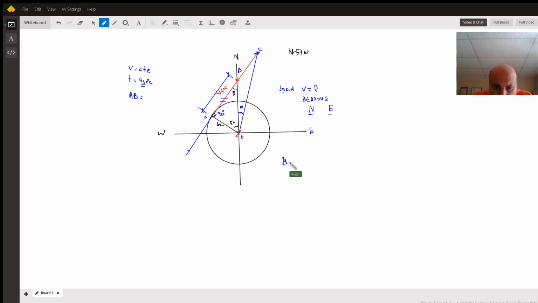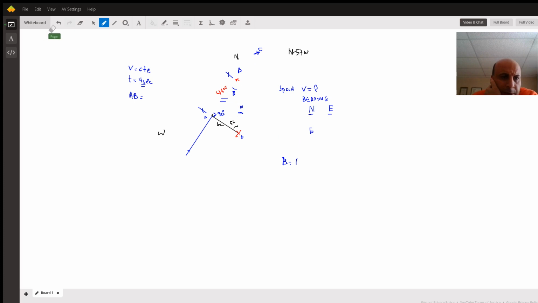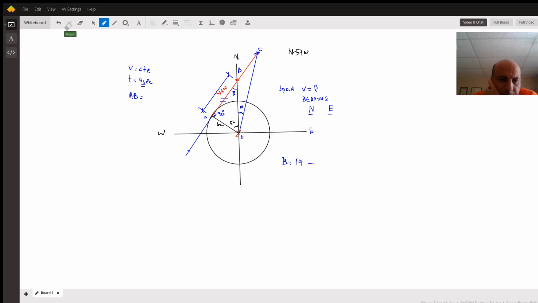Beta is what? The sum of all the angles in a triangle is 180. So 180 minus 90 minus 57.